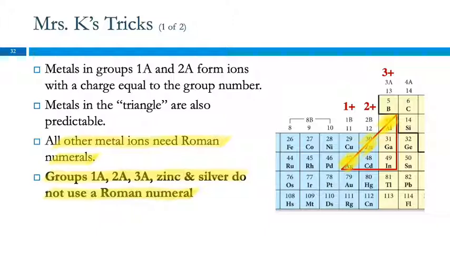So I'm not showing groups 1A and 2A in this picture. Oh, so that's in addition to. Yeah, this triangle is in addition to group 1 and group 2. Zinc and silver. But isn't it also aluminum? Well, that's the 3A. Oh, okay. Yeah. Got it. Group 1A, 2A, 3A, zinc and silver. Okay.